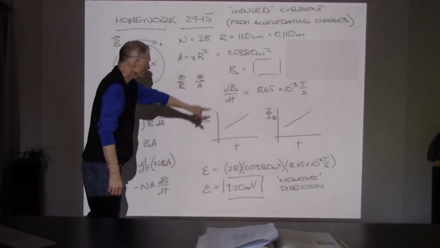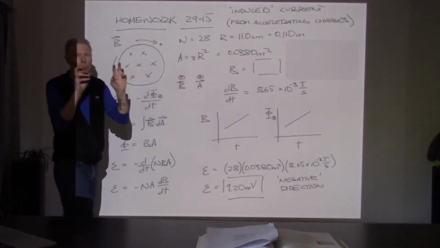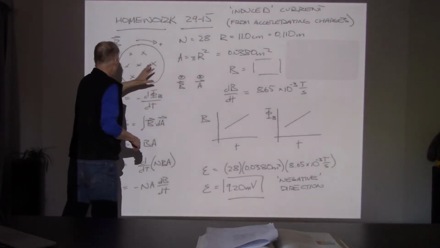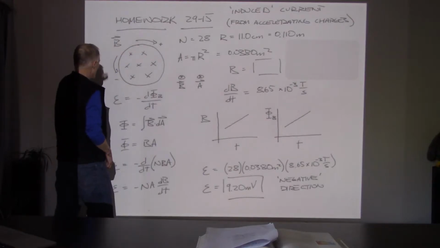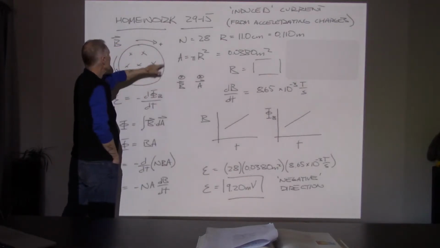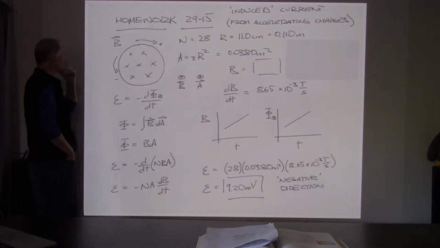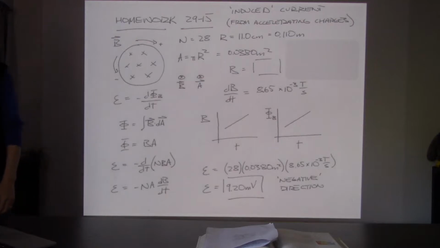So we've already established from the graphs that the EMF is going to be in the so-called negative direction, and the way we've defined everything, we can determine that that's going to be this direction right here. So that's the direction of the E field being generated by these accelerating charges, and that's going to be the direction of the EMF.